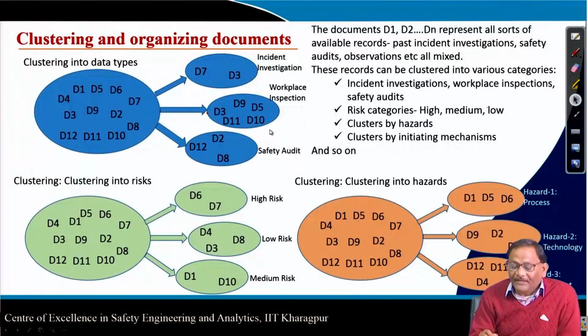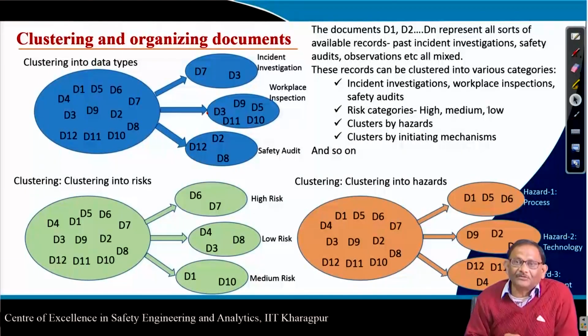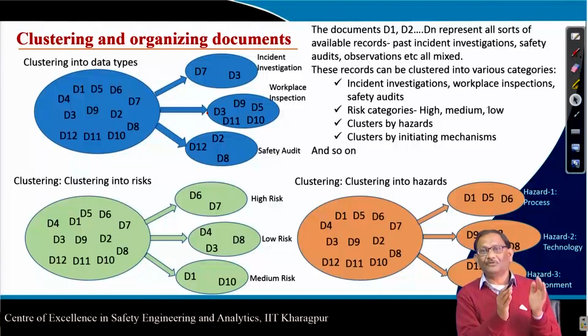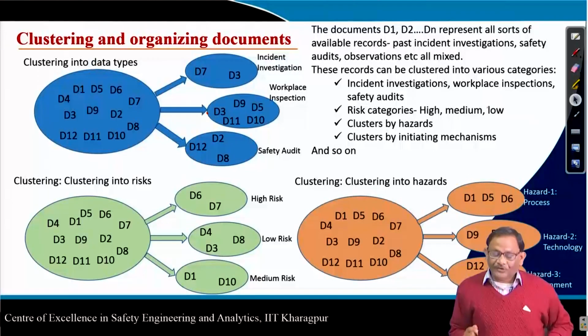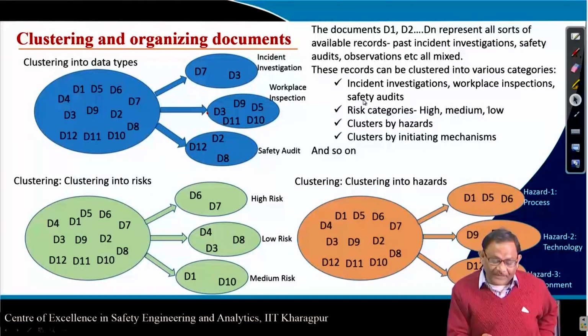These 3 by nature are different. So when I want to understand what is happening, it is always better to keep the investigation reports separate from inspection and audit. Maybe there are commonalities, but we have to segregate them first from the analysis point of view. So that is one kind of clustering.